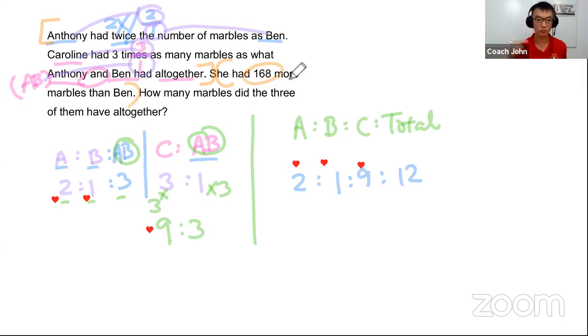And you know that you have to use some numbers to solve the question. Caroline and Ben, so in total you have 8 units, as in the difference is 8 units, which is 168, and 1 unit is actually 21.